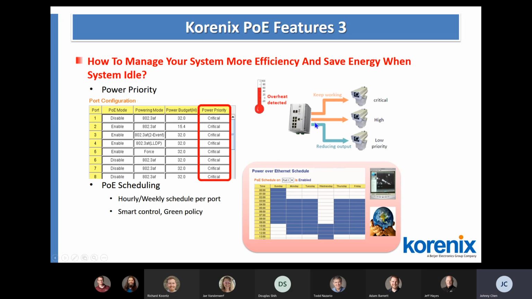When an overheat is detected, which means there is some power loss and it's not enough to provide power to the endpoint devices, the low priority port will reduce the output power first.